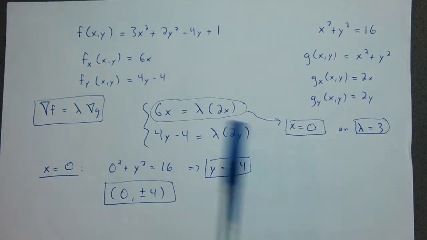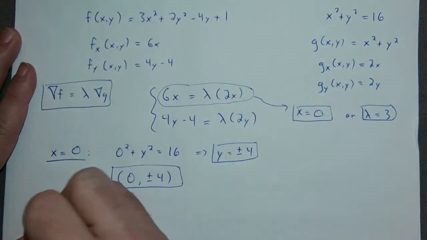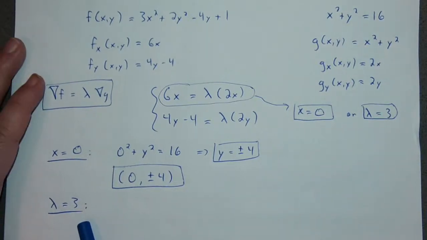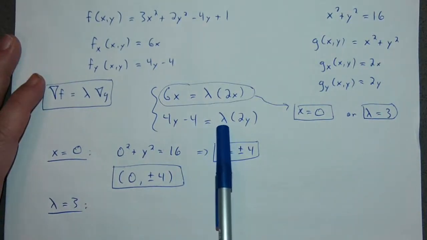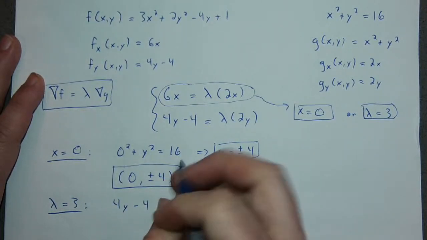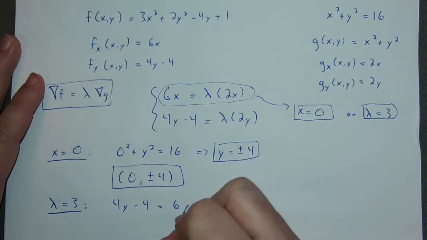Well, that wasn't the only case. There's also the case that lambda is equal to 3. So if lambda is equal to 3, what does that mean? Well, I can plug lambda equals 3 into this second equation and get 4y minus 4 is equal to 3 times 2y, so that's 6y.